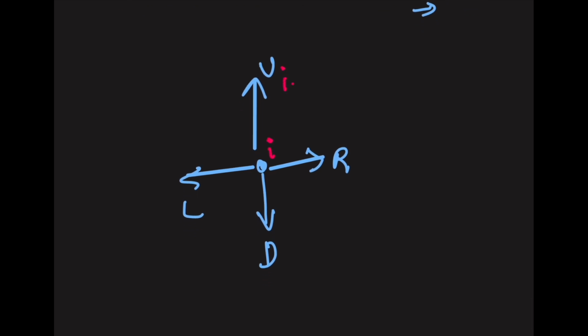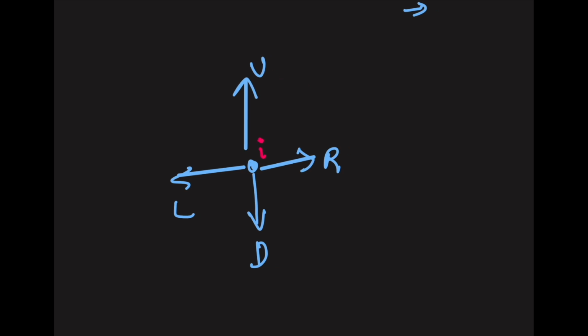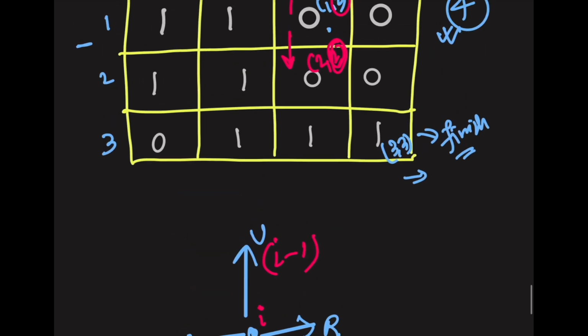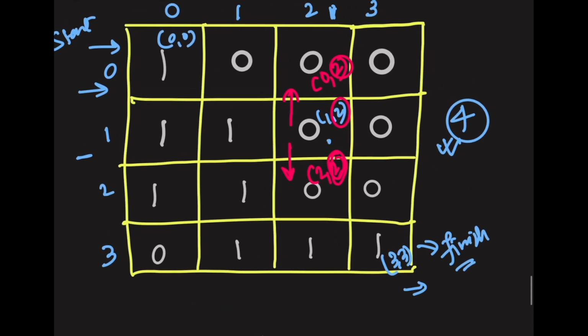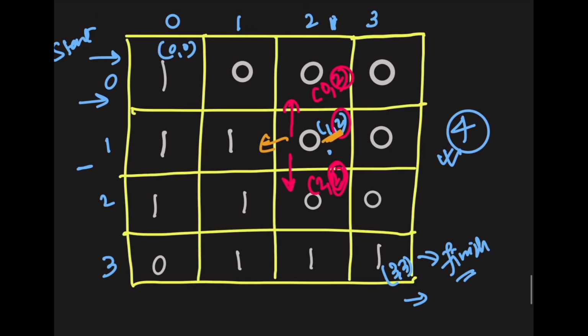So if I go up, my i becomes i minus 1, and if I go down, my i becomes i plus 1. Similarly, if I'm here at 1,2 and I go to the left, my index will become 1,1, and if I go to the right, my index will become 1,3.